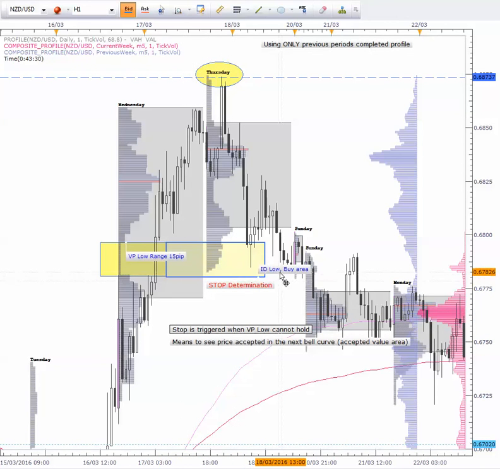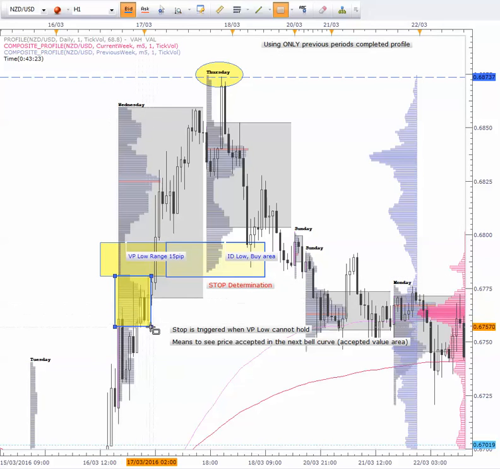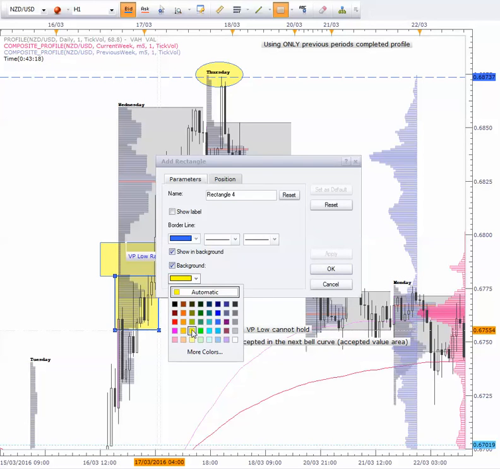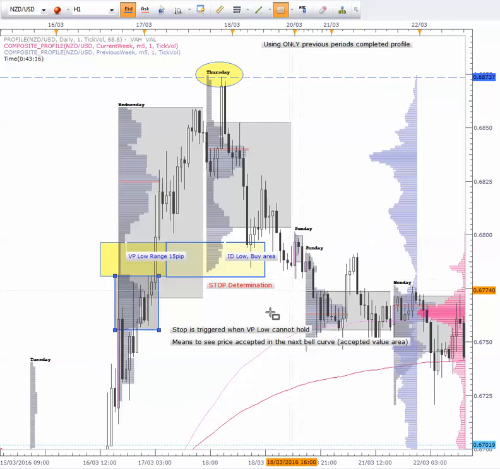And that would be the next accepted value area is in here. And I'm going to make that gray to keep it consistent with the defined value area for the entire day.